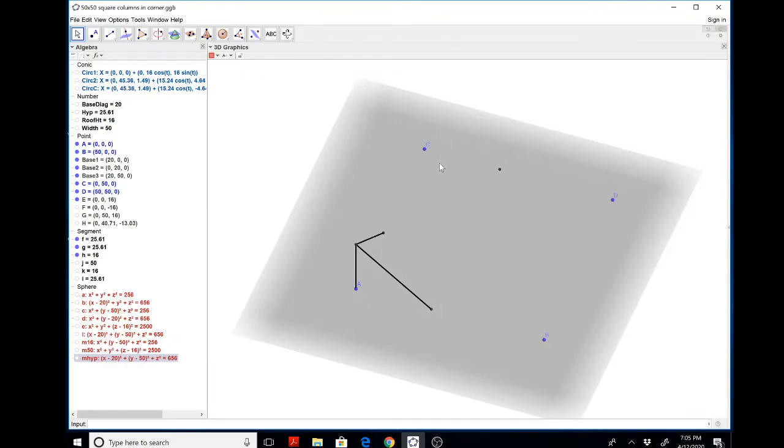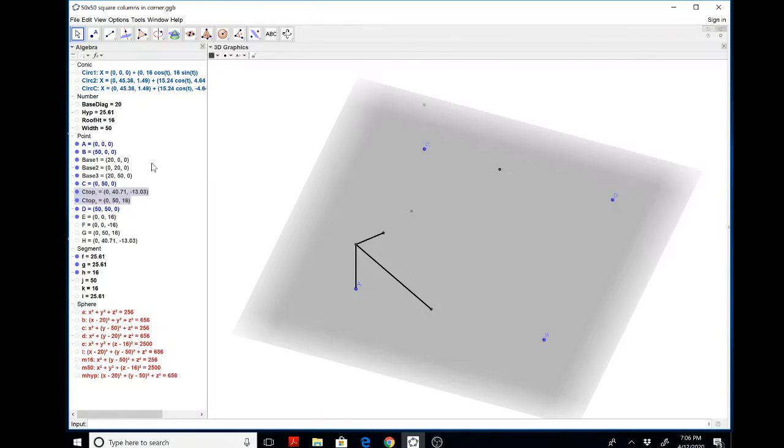There's going to be one point. I hope it's above C. Let's see. So I'm going to call that C top, the intersect of M height and circle C. And there it is. That is C top. There's two solutions. Remember, there's one below, directly below C.